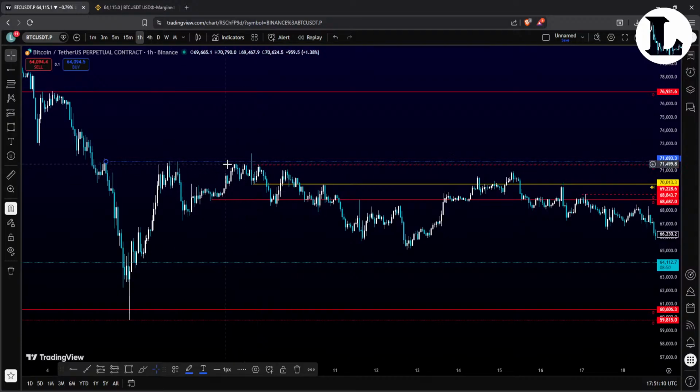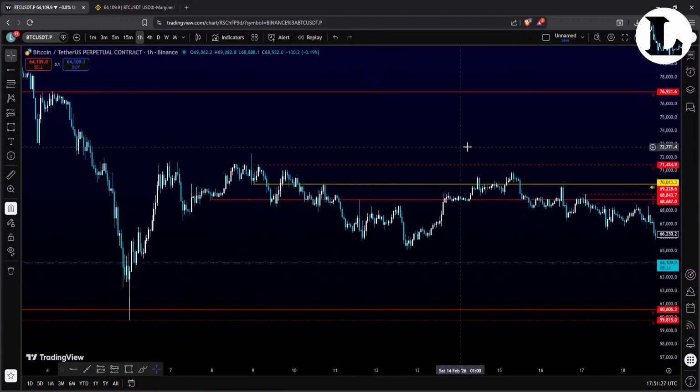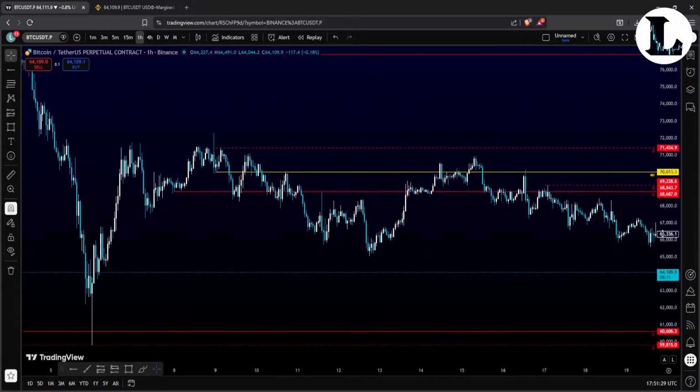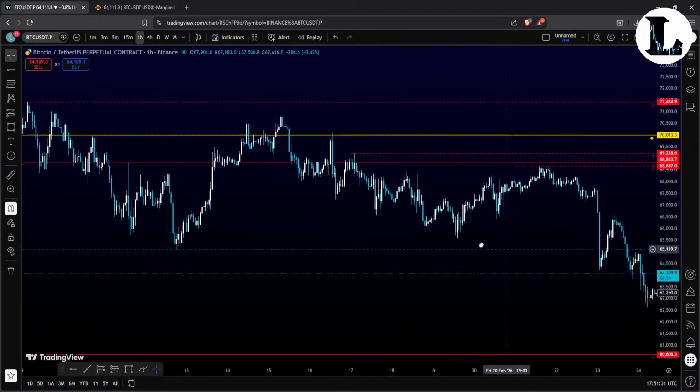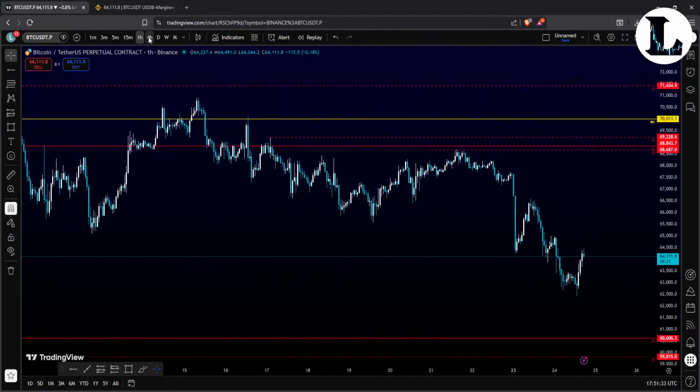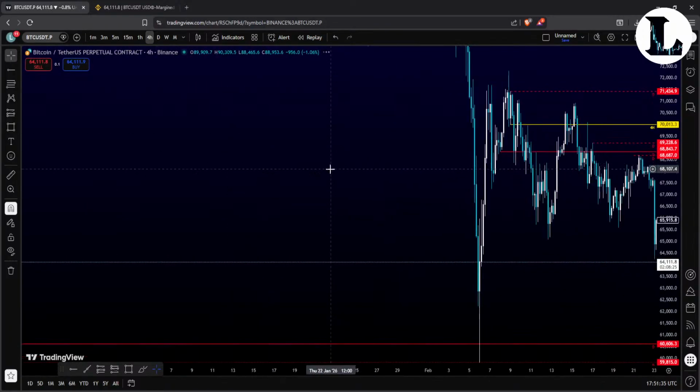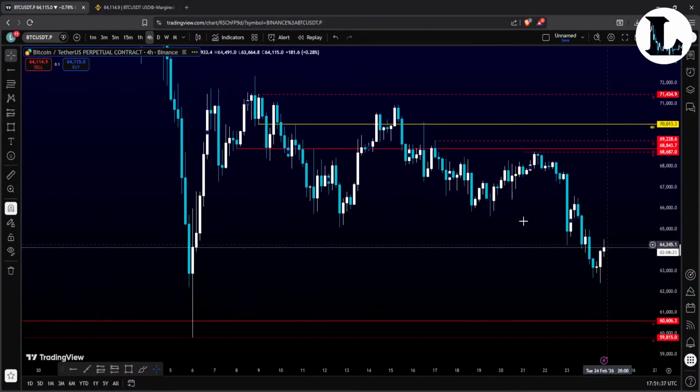Or if we try to break that a lot of times, we can have a big reaction in the opposite side, okay? So we have a continuation of the move. So this is how a liquidity level works, okay? You are going to see big reactions on them, but you need to understand if it's actually going to break or hold the price, right?